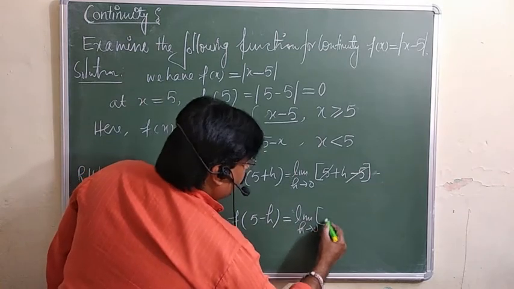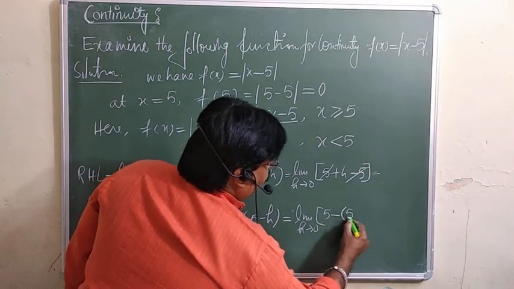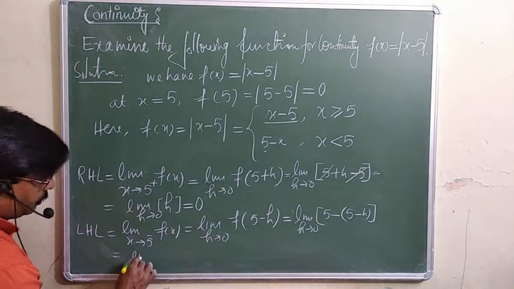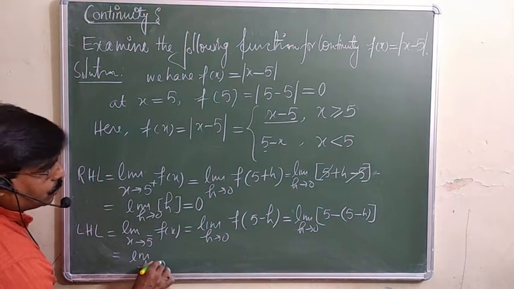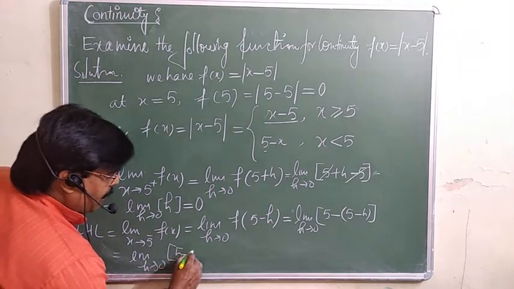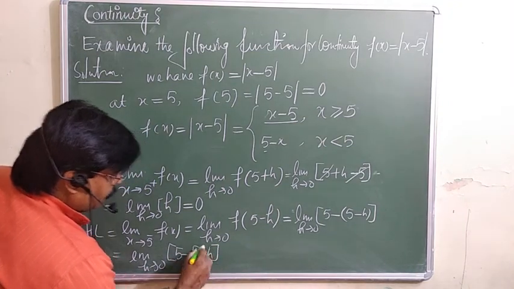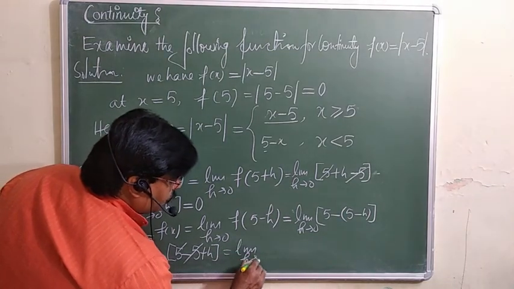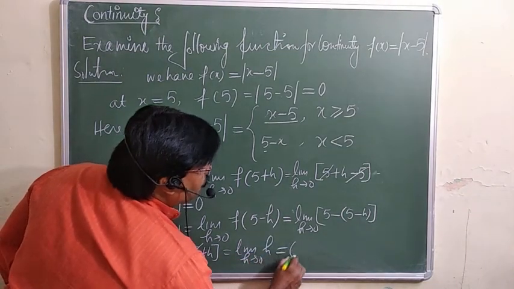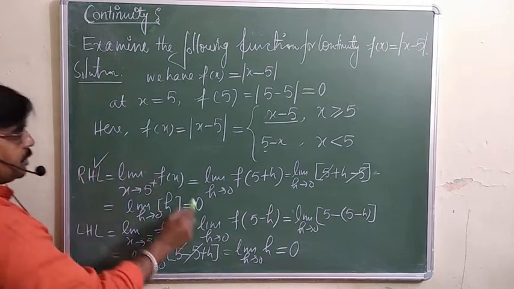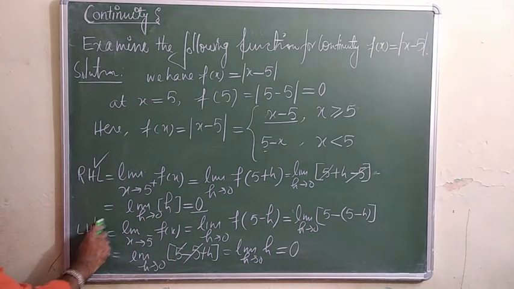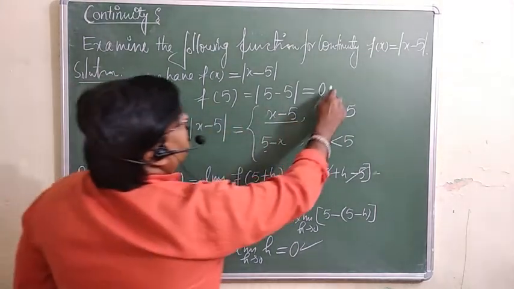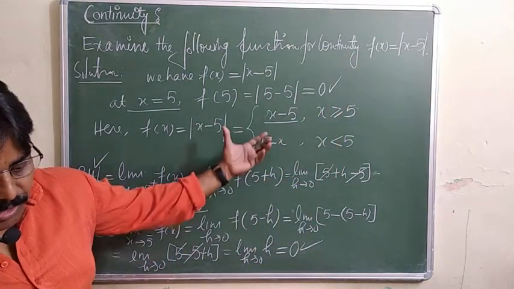So this is 5 minus (5 minus h), which can be written as limit h tends to 0 of 5 minus 5 plus h. The 5 is cancelled here, so you will get limit h tends to 0 of h, which is equal to 0. So the right hand limit is 0, the left hand limit is also 0, and the value of the function is also 0 here.